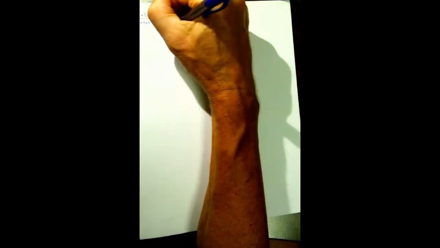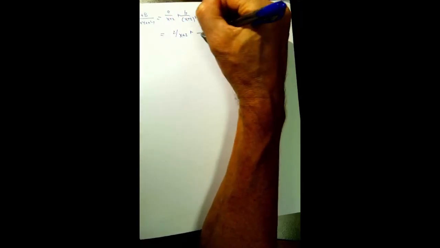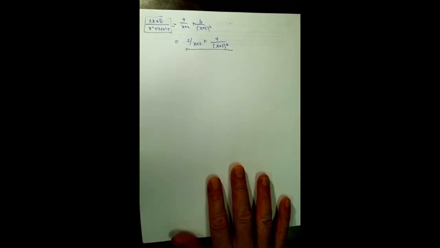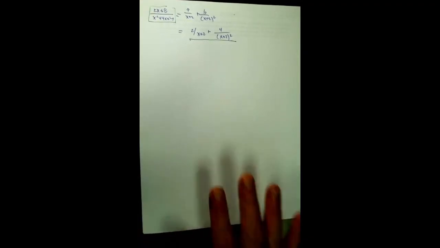If I have 2x plus 8 over x squared plus 4x plus 4, we said that was a over x plus 2 plus b over x plus 2 squared. Then we said a is 2 and b is 4. And having started with this, I can now write it in this form. And again, in some circumstances, that right-hand side might be easier to work with than other situations.